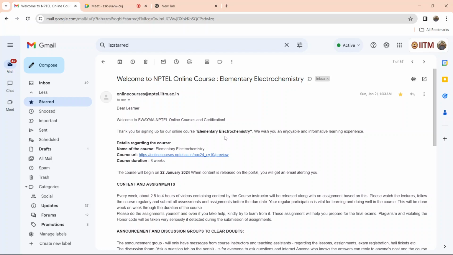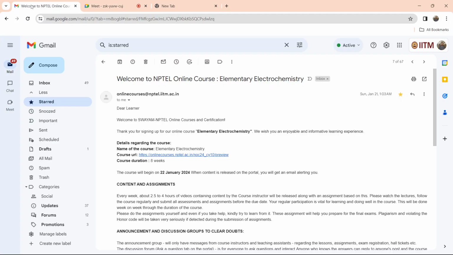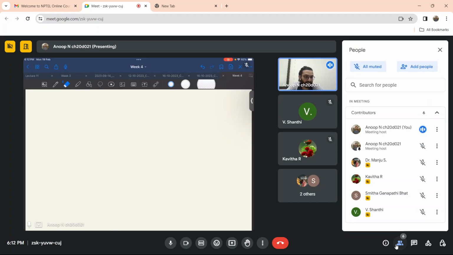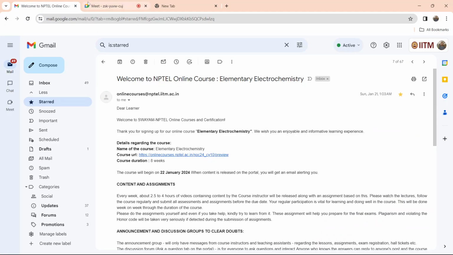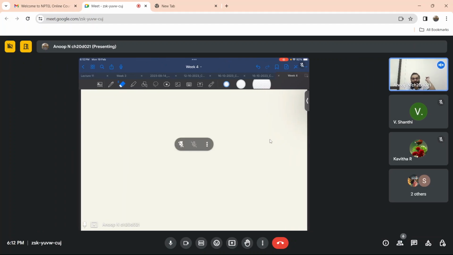What is your difficulty using the log calculator? What about others? Are you all able to? Are you all registered for the exam? What about Kavita? Others, are you able to use the calculator? Smita. Right now I cannot go to that window because my screen is recording, and whatever mail I open will come in the screen recording.